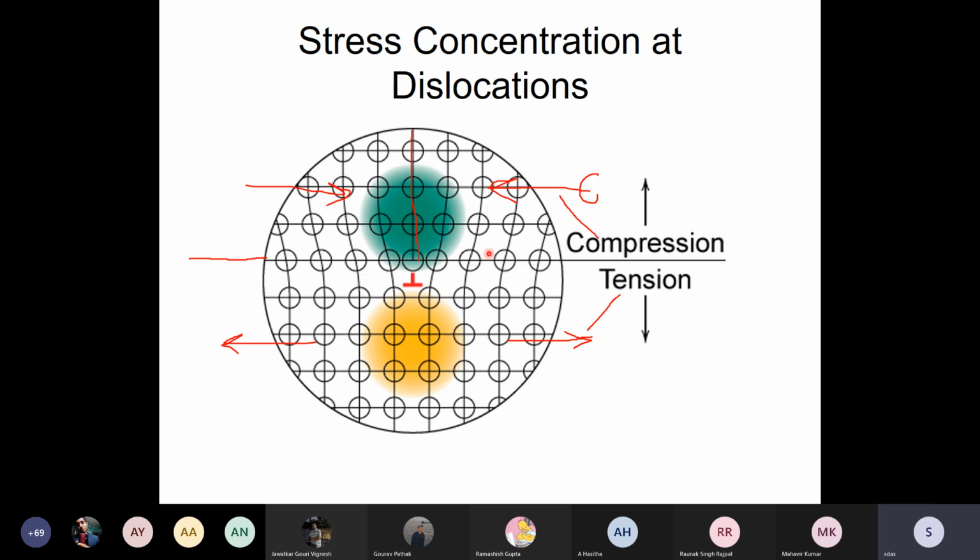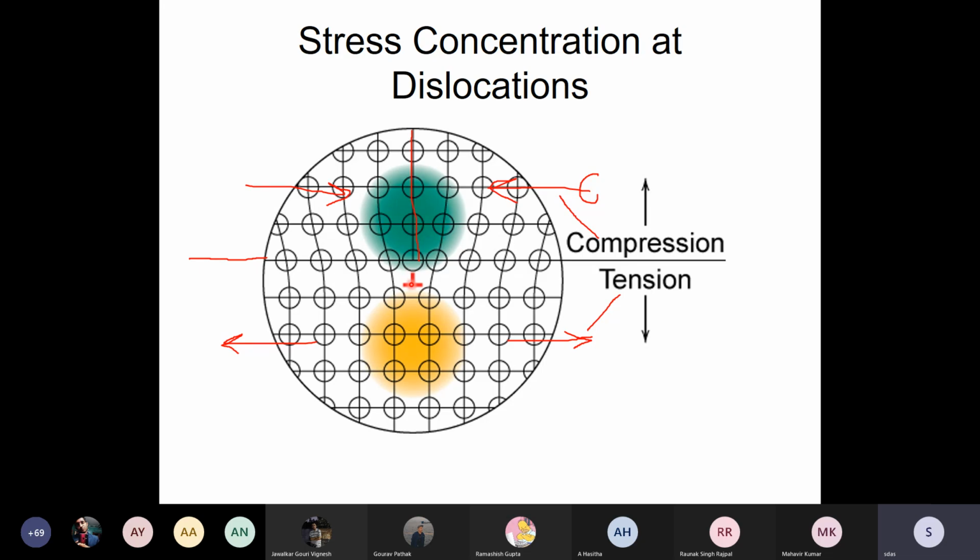This is my slip plane. This is another slip plane, parallel slip plane, another slip plane, and so on. So if I remove the entire bottom row of atoms, the edge now does not come down to this level. The plane ends here. So edge dislocation moves up from this slip plane to that slip plane. And this phenomenon is called climb, and more particularly climb up.